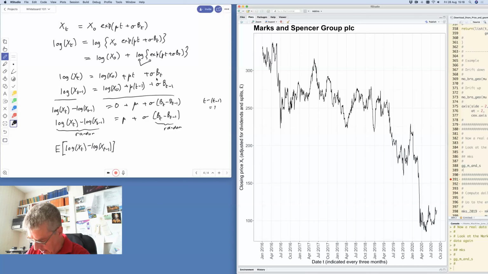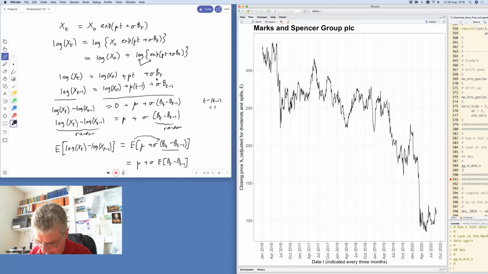And that's, of course, going to be the mean of mu plus sigma times (bt minus bt minus 1). And the only random part is here. And by the rules of expectation, it's a linear operator, so we can take the expectation in and apply it to that random part. So we get mu plus sigma times the expected value of (bt minus bt minus 1).